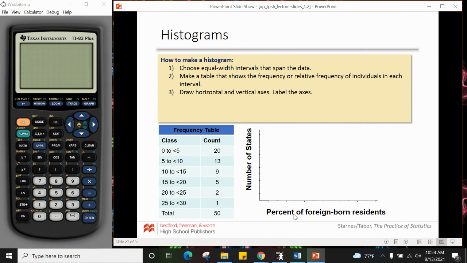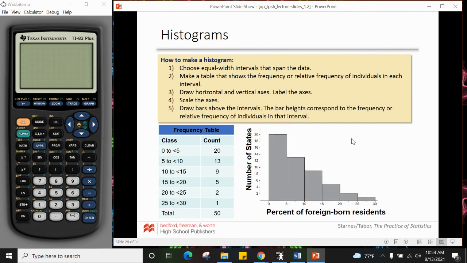If you don't label your axes, you're going to lose points. Same thing on a dot plot. If you don't label the x-axis, you're going to lose points. Scale the axes, and then draw the bars above. The bar height corresponds to the frequency or relative frequency of that interval.